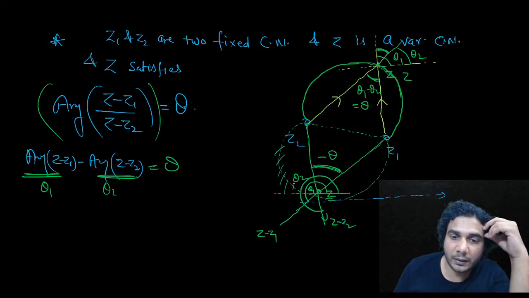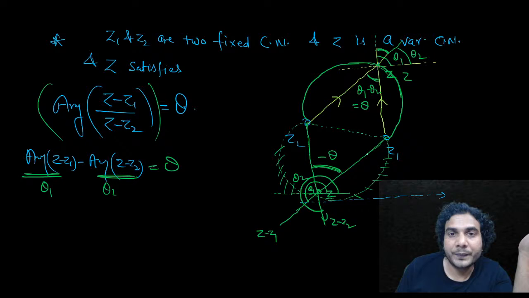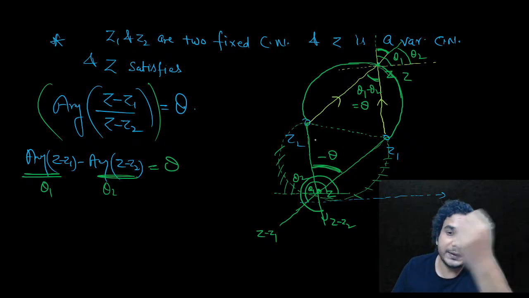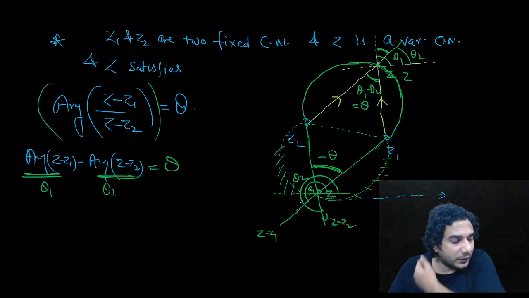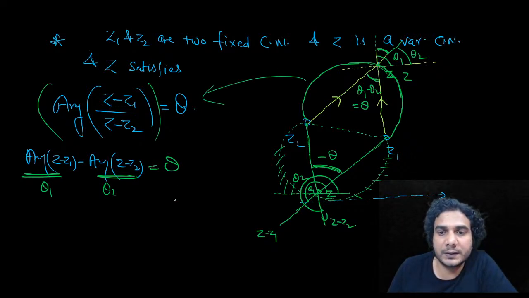So this is not part of the locus. Out of these two arcs, where geometrically the angle theta is constant, only one will be part of the locus, okay? So this equation represents this arc.